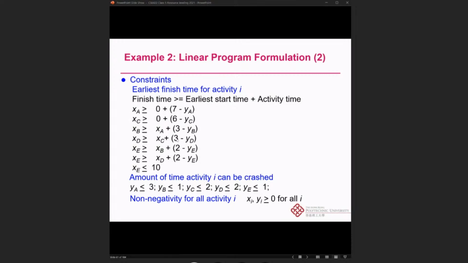For E, it has two predecessors, activities B and D. It should be larger or equal to XB plus the bracket of 2 minus YE, and also XD plus the bracket of 2 minus YE.